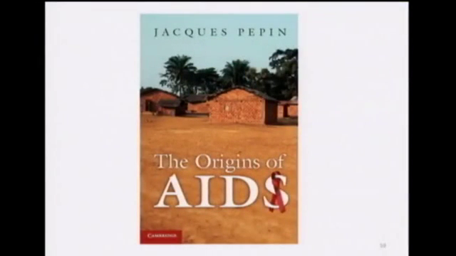Jacques Pépin is a professor at Sherbrooke University, and he wrote here a book that got tremendous coverage in the scientific press. The magazine Science reviewed it and gave it rave reviews.